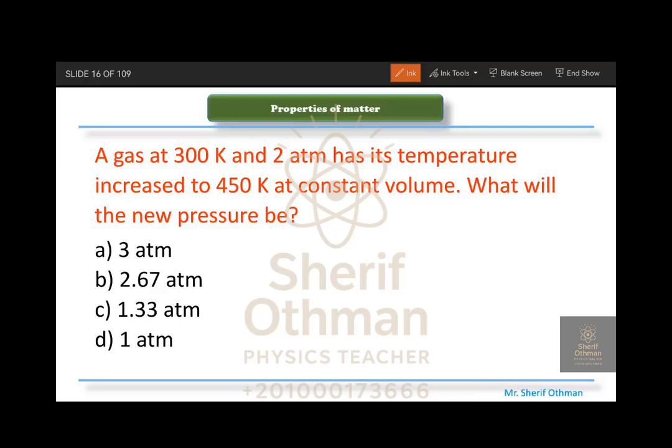So, let's find the givens. T1, P1, T2. Volume is constant. So the relation will be between P and T. P1 over T1 equals P2 over T2.